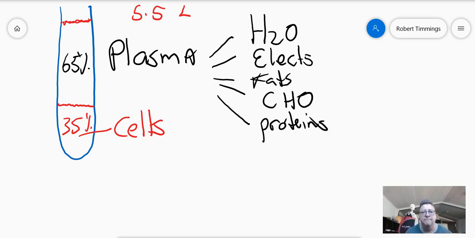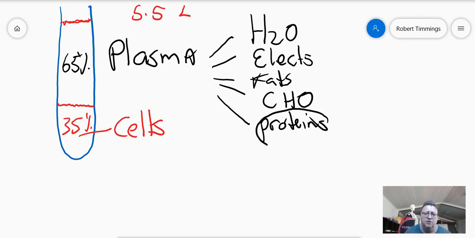And those proteins take many, many different forms. They're proteins that are used for coagulation. They're proteins that are used for binding with water and carrying drugs. So albumin is in there. There's globins. There's immunoglobulins. They're the antibodies that your white blood cells manufacture to maintain a humoral immunity.